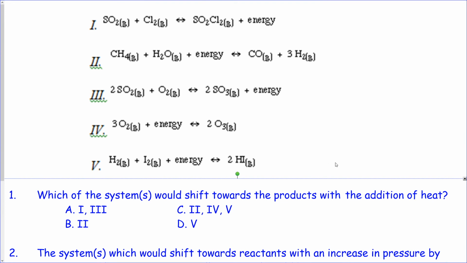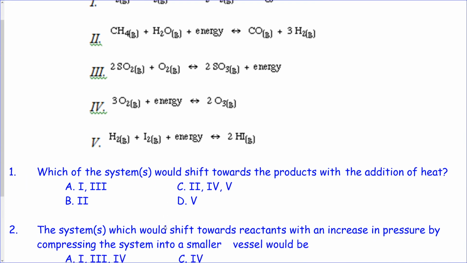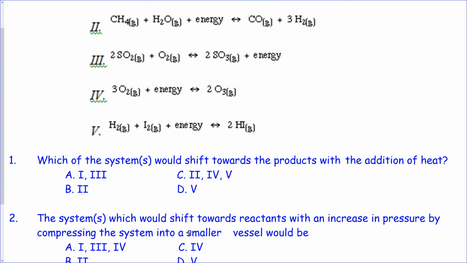The second one says, which of the systems would shift toward the reactants with an increase in pressure by compressing the system into a smaller vessel? So when I increase the pressure, the side with fewer moles is the one that is favored.